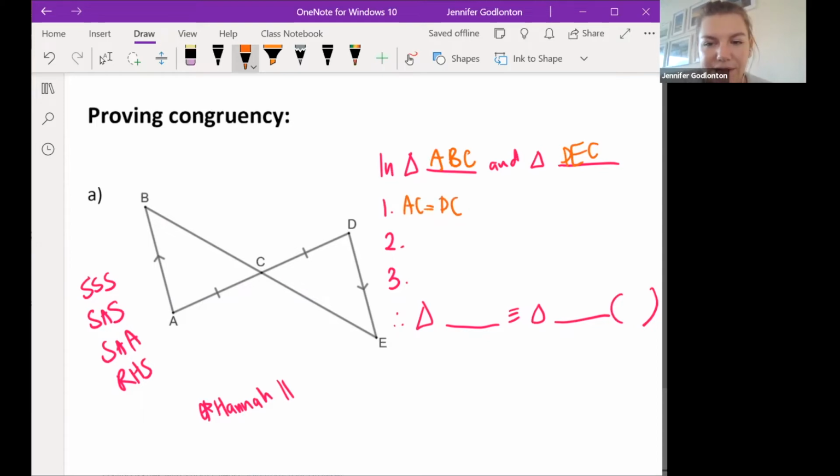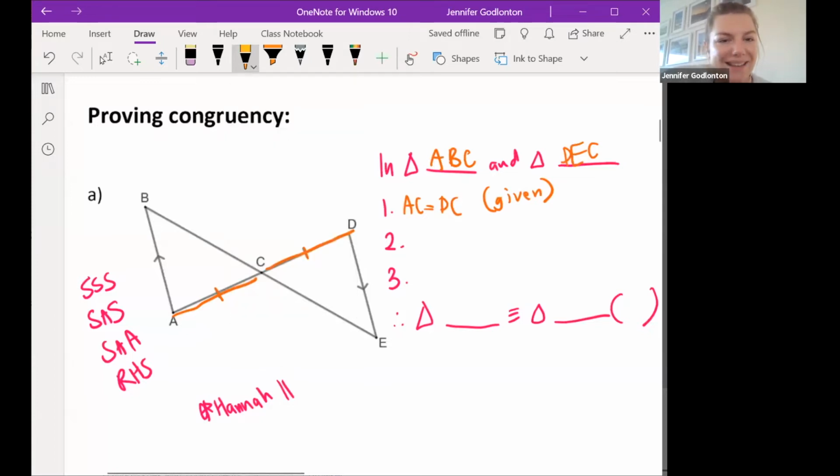Okay, and what's my reason for that? Your reason for that is side. Oh, you're just saying why these two sides are equal to each other, and all we'd have to say is because it's been given to us. Oh yes. Okay. All right.